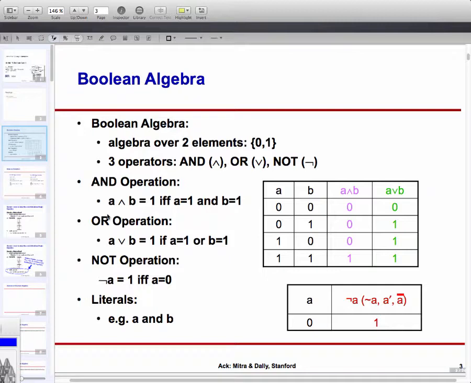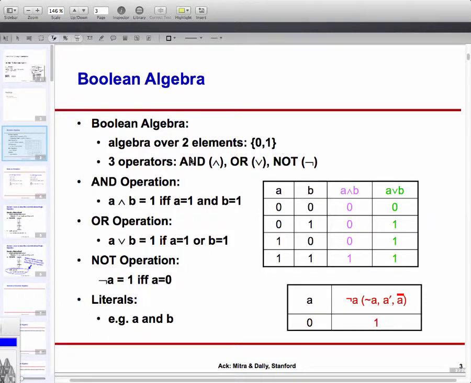What we are basically doing in this module is to create an algebra, a Boolean algebra, where our variables are limited to being binary variables, logic 0 and logic 1, as opposed to the regular algebra that we learn in middle school, which is over real numbers or integers. So Boolean algebra is an algebra where our variables can only take values 0 and 1.